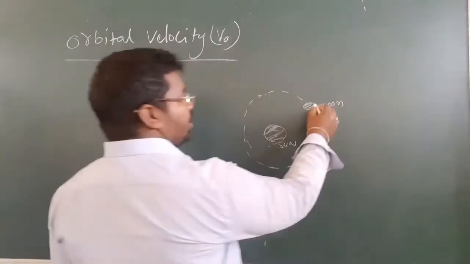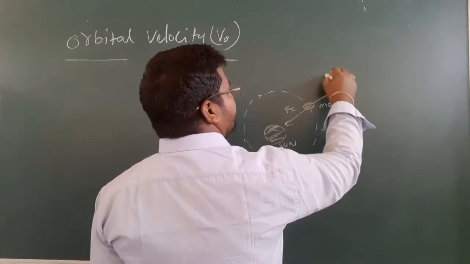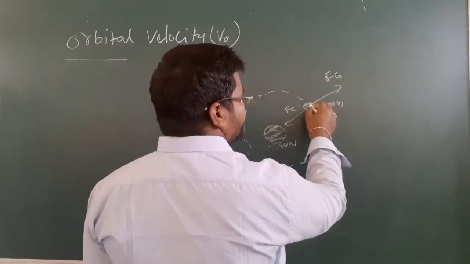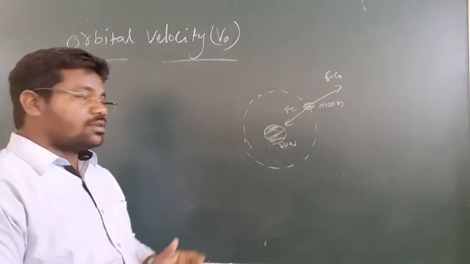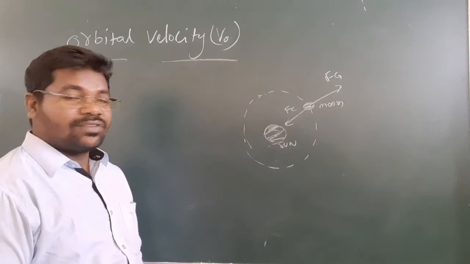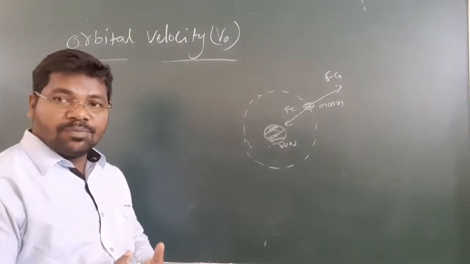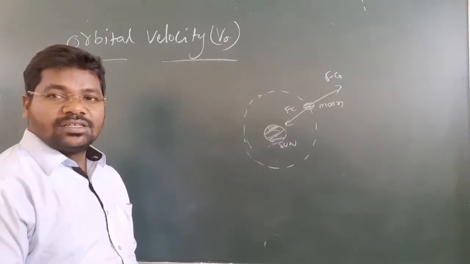In this case, two forces are acting, Fc and Fg. If both forces are acting equally, then the body revolves in a particular orbit. Otherwise, the body may move tangentially, away or towards the earth.